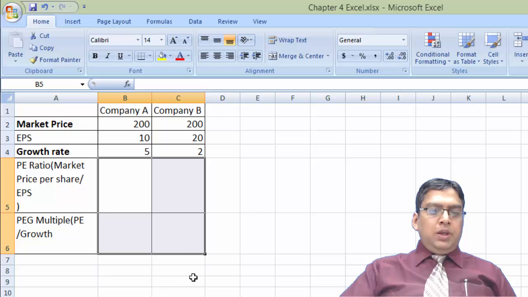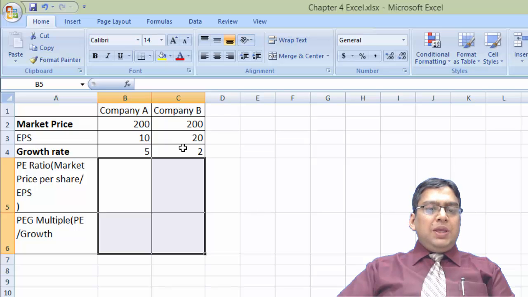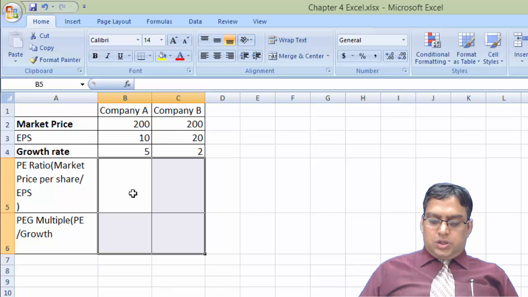In this example, company A, company B, market price given, that is 200 each, EPS that is 10 and 20, growth rate is 5% and 2%. Calculate the PE ratio, that is price earning ratio, means market price per share divided by EPS.